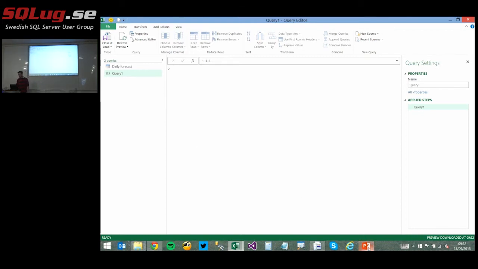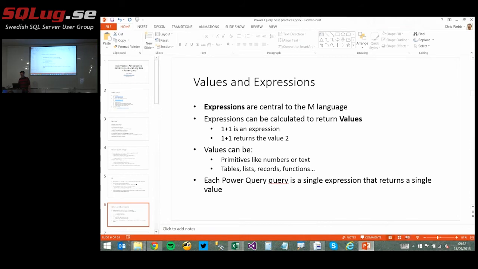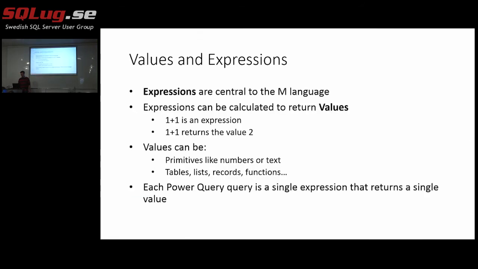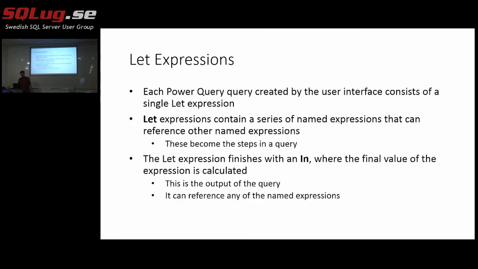And the key to doing that is the let expression. So the let expression is the second out of maybe 3 things you need to learn about the M language. The let expression allows you to break one big expression down into multiple smaller expressions.